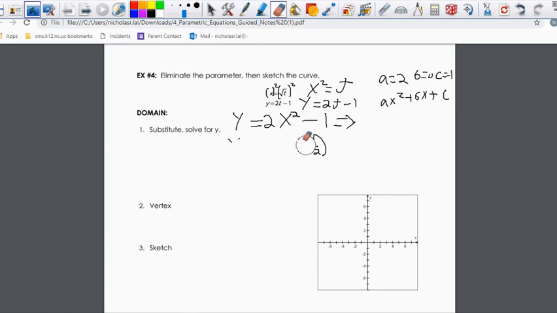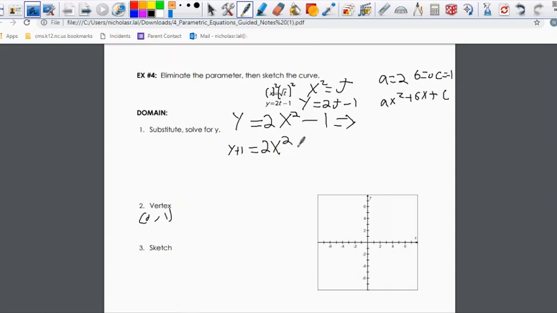So actually, while this factoring out part is true, it's not the best to define the vertex. So vertex should be at 0, negative 1. Another way that we can practice is completing the square. So we can have y plus 1 is equal to 2x squared.